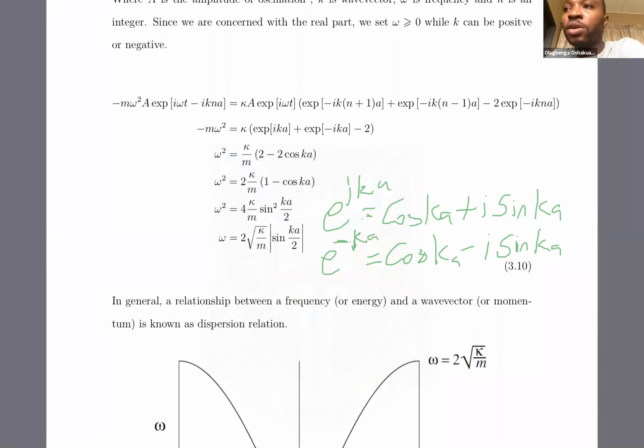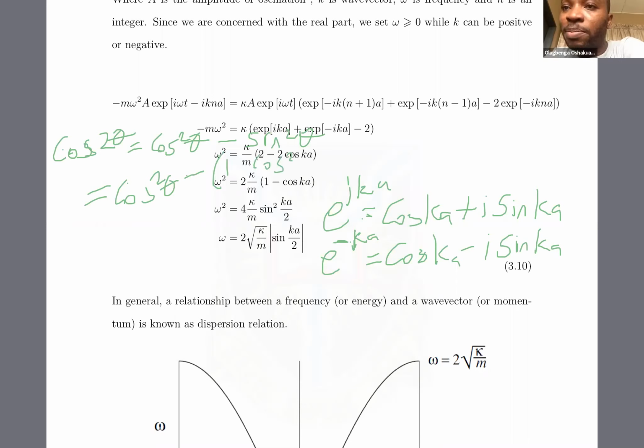Cos 2 theta is equal to cos square theta minus sine square theta. And cos square theta is as good as, or let's say sine square theta. Sine square theta is as good as 1 minus cos square theta.